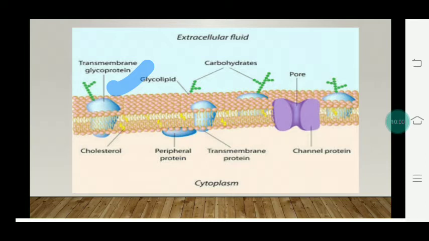proteins are called glycoproteins. Here you can see the channel protein which is for the movement of specific molecules inside or outside the plasma membrane through the channel. It's called channel protein.